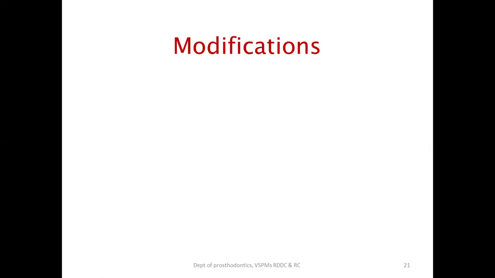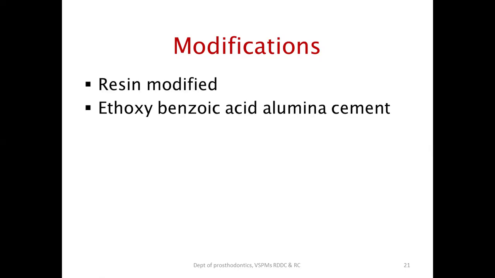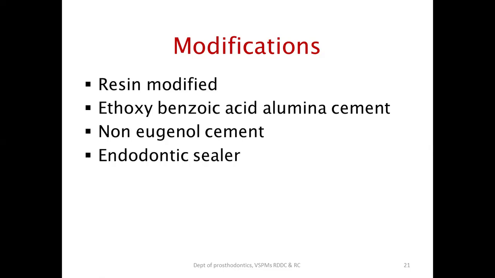There are four types of modifications. For strength, there are two modifications: resin modified and ethoxybenzoic acid alumina cement, also known as super EBA cement. Then to replace the eugenol, there is a non-eugenol cement, and there is one more modification, the endodontic sealer, where certain medicaments are used. So we will see them one by one.